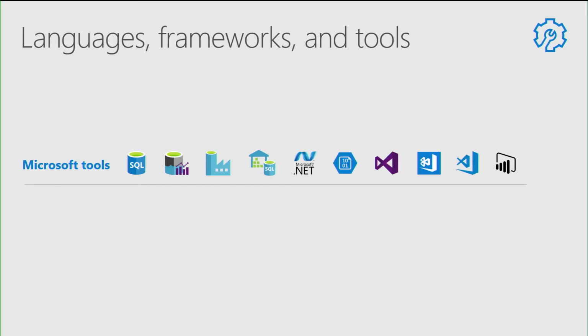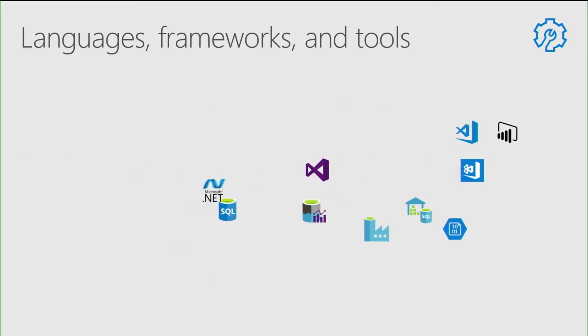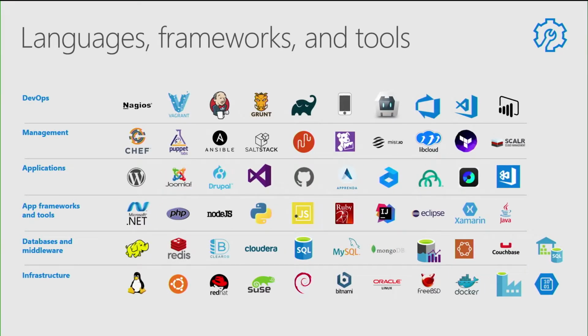But I want to focus on how we've changed over the last few years with our new CEO and the new vision of our company, and how much more vast our offering is. From DevOps, management, applications, frameworks and tools, databases and middleware, and infrastructure, the amount that we support from open source is pretty incredible.